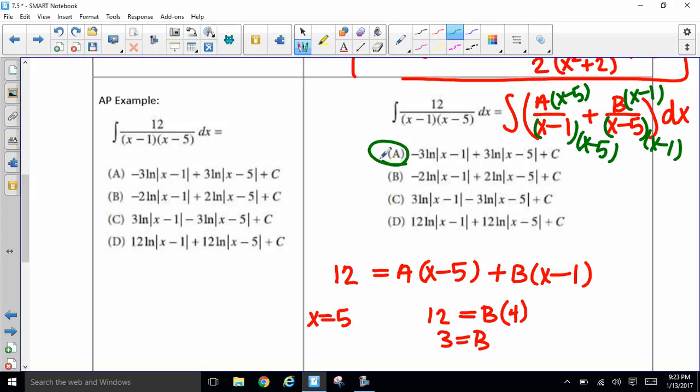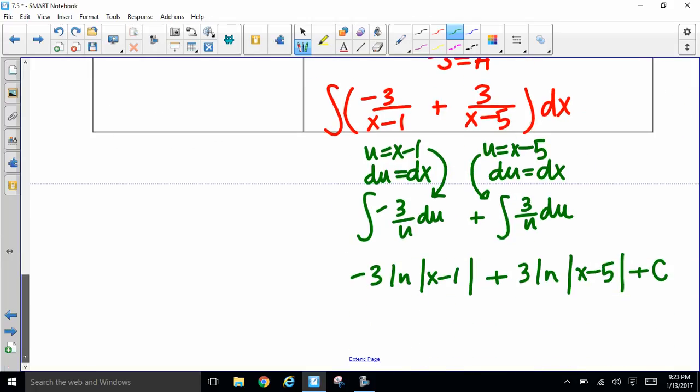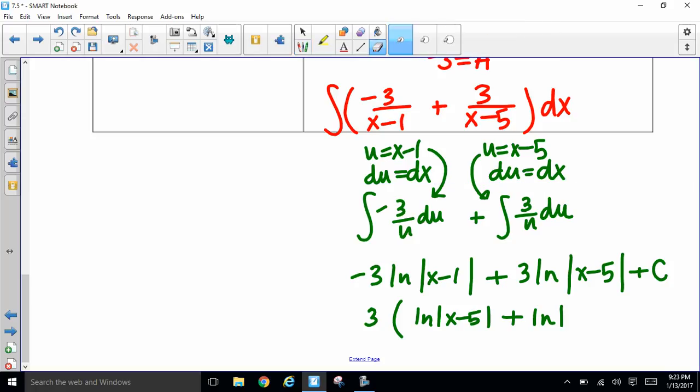If they want to get clever, here are some other things you might see. There was a 3 in common. They could pull it out and then switch around the order: natural log, absolute value, x minus 5, plus natural log, absolute value, with the minus part kind of in the middle, natural log, absolute value, x minus 1.